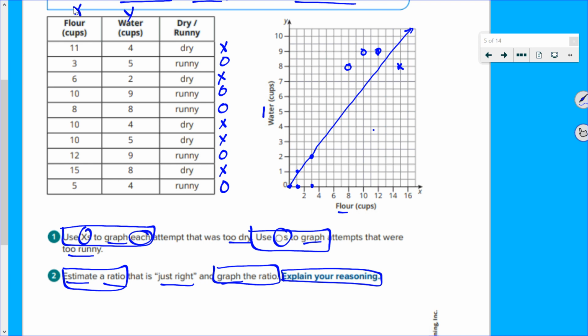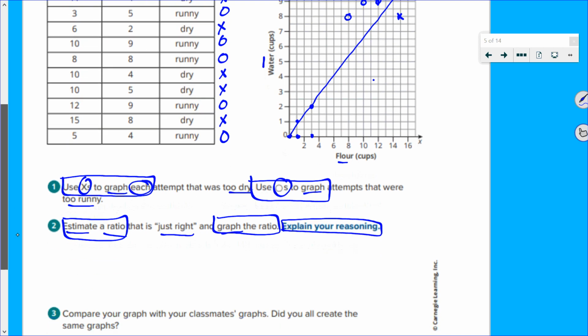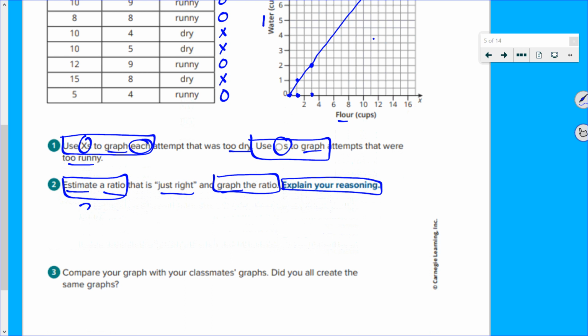So I did that 3 to 2. 3 cups water to 2 cups flour. Why? Because the line goes between the X's and O's.